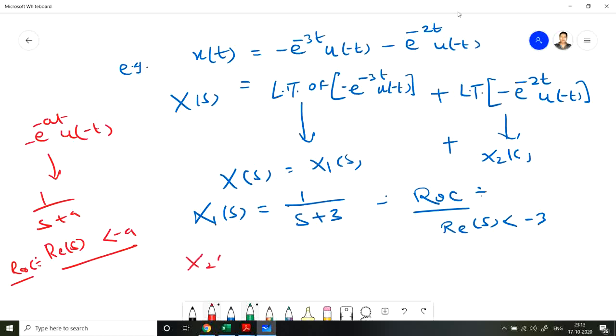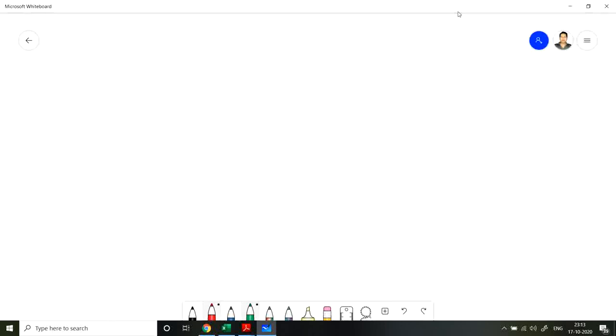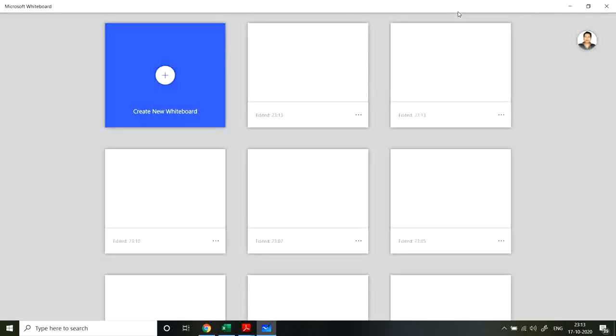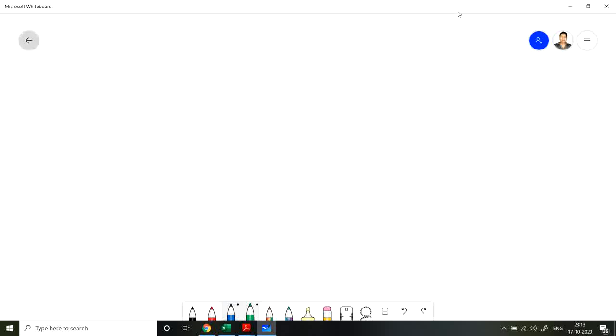So again we have X2(s), which is nothing but 1 divided by s plus 2, and please check these relations. We have solved this type of question in the previous lecture, and this real part of s is less than minus 2. So we can see that this is minus 2 and this is minus 3. Then the real part of s is less than minus 3 in the first case.